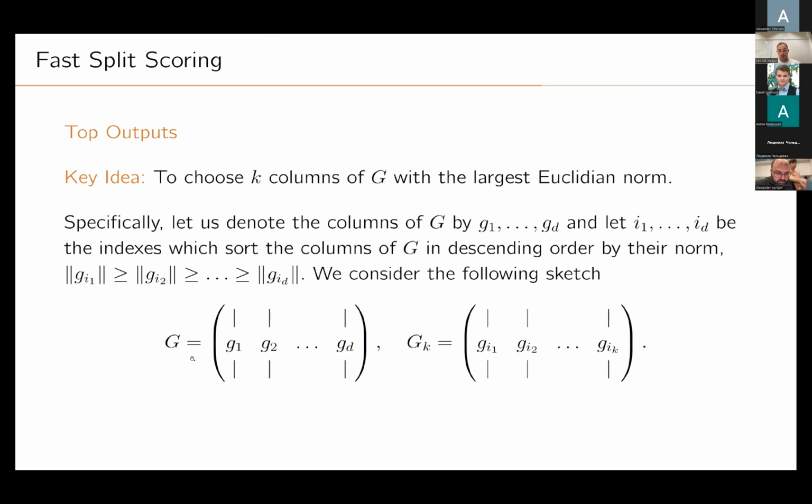So in our sketch, we can keep just k columns which have the largest Euclidean norm. This is motivated by the fact that we want to preserve the multiplication G times v and the norm, and it's more likely that the values are going to be more or less the same if we keep the columns with the largest Euclidean norm.